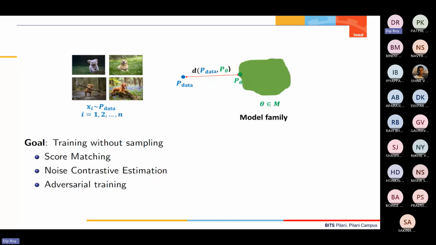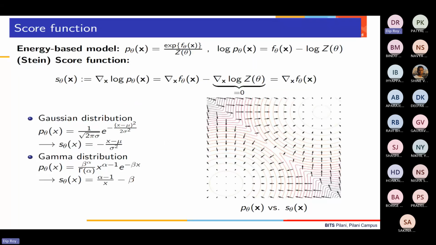We don't need to do MCMC and we don't need to do unadjusted Langevin dynamics and all those particular things. Is there any mechanism in which we can train the model without sampling from the EBM? And that brings us to the score function, which I showed you.